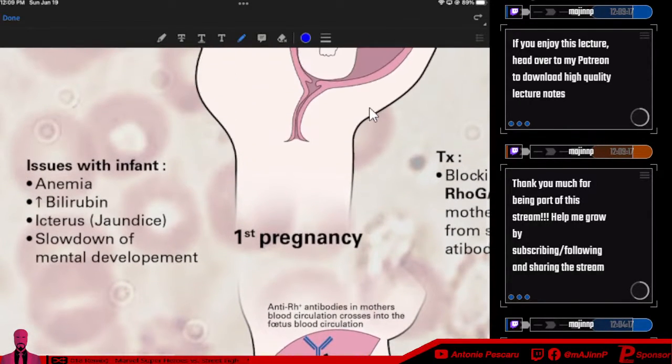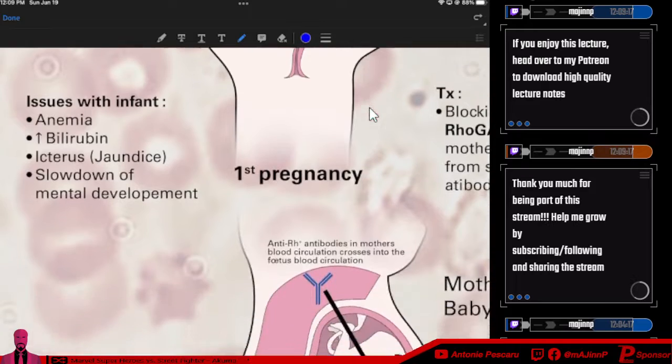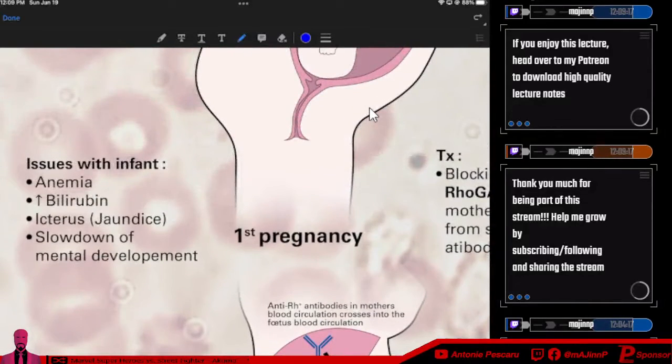Like I said, in the first pregnancy, nothing happens. The baby is really normal. At the second pregnancy, because there was a lot of time to develop these antibodies, the issues with the infant at the moment he is born are anemia, an increased amount of bilirubin, icterus or jaundice in this case, and a slowdown of mental development.